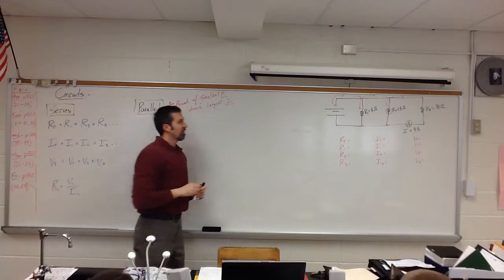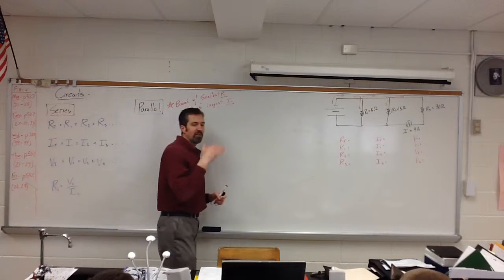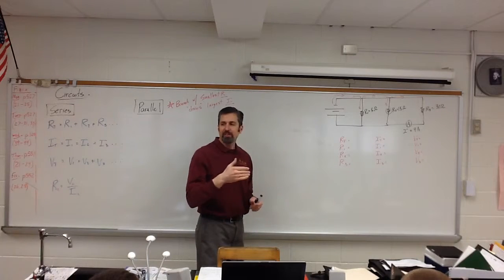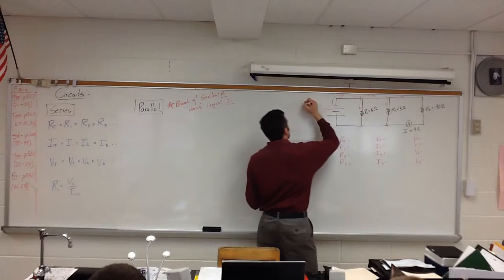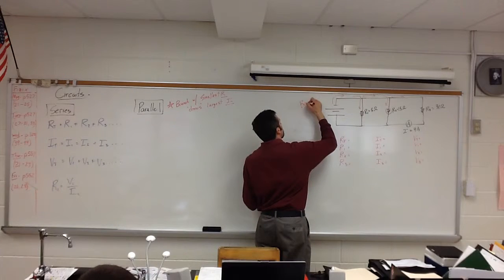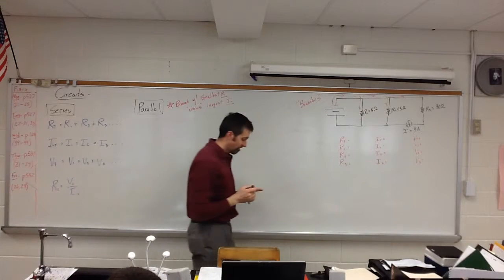So when you have a parallel circuit, you have choices of paths that the electricity can follow. Each of these paths is called a branch. So a parallel circuit has branches.